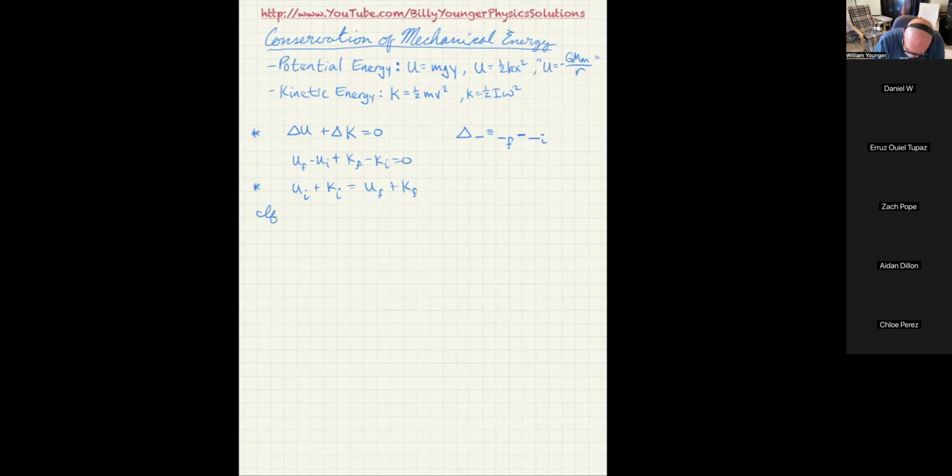So if non-conservative forces are included, then you can address that by saying delta U plus delta K is equal to the work done by non-conservative forces.